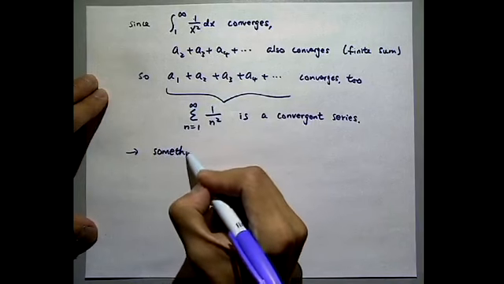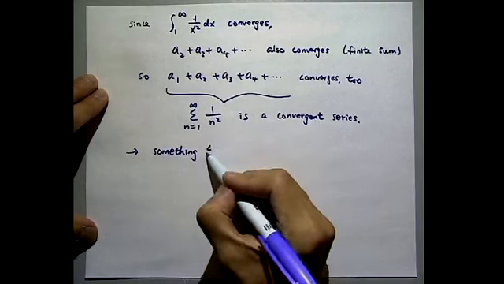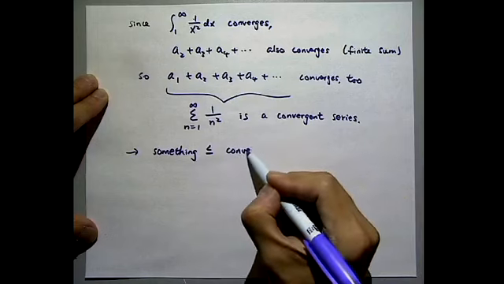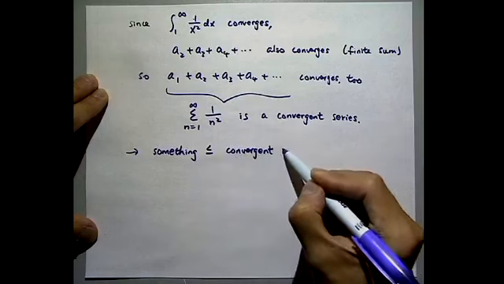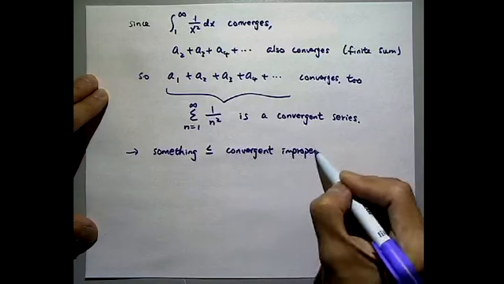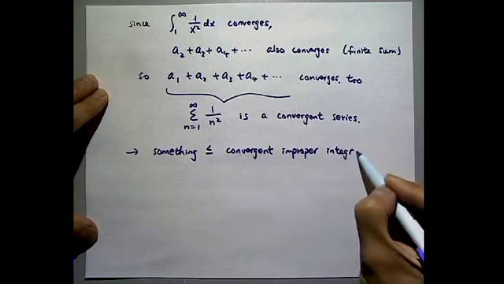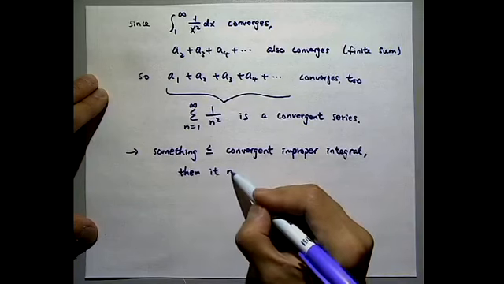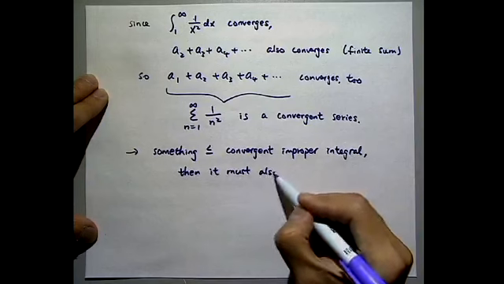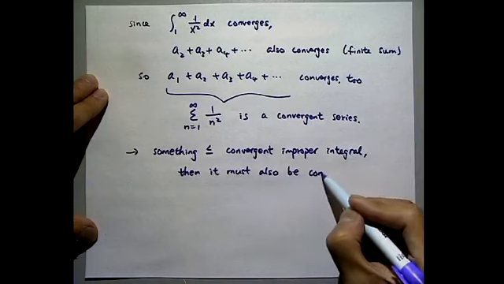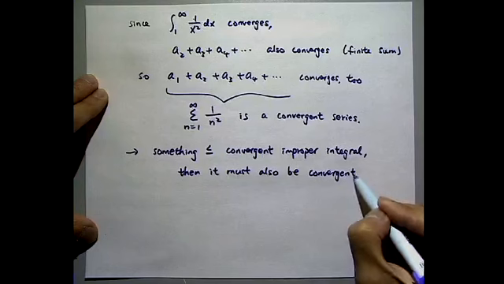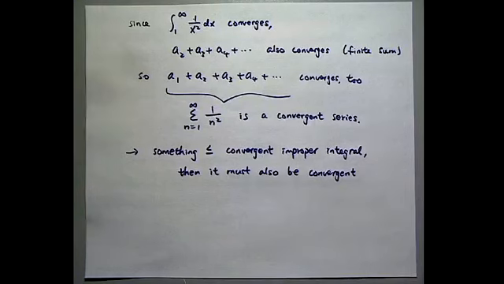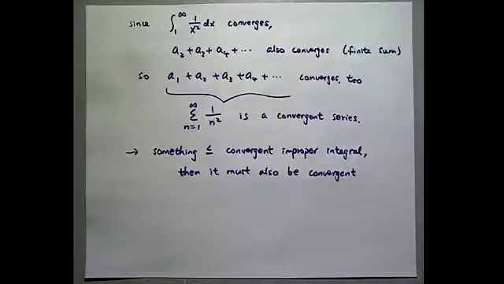So the important thing here is, if something is smaller than or equal to a convergent improper integral, then it must also be convergent. Right? Convergent improper integral means it's a fixed finite number. Something smaller or equal to it has to be convergent.